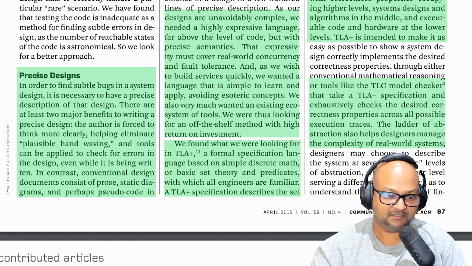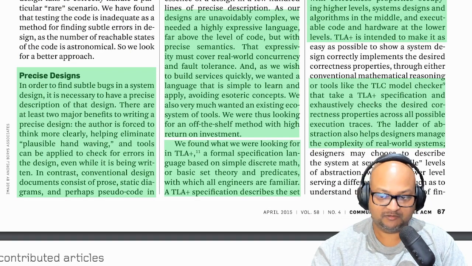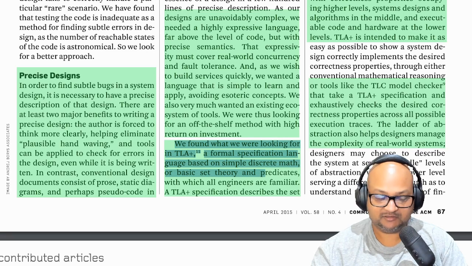In their search for a tool to apply, they wanted something that could precisely express the design yet was high level enough for humans to work with and comprehend. And finally, they settled on TLA Plus, which is a formal specification language designed by Leslie Lamport and implemented by a team at Microsoft Research.